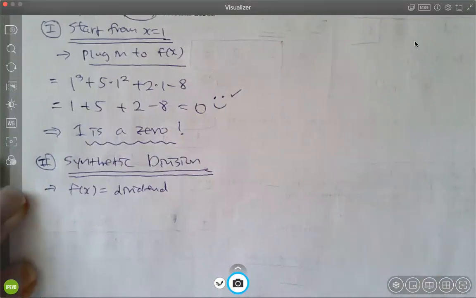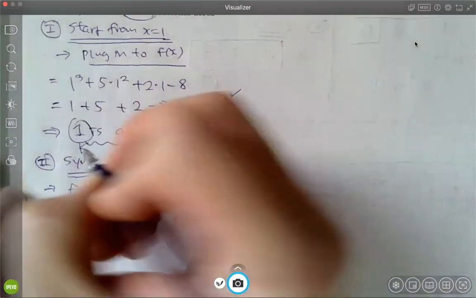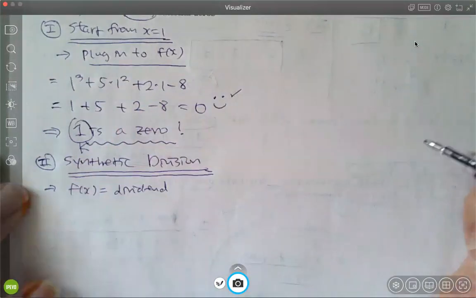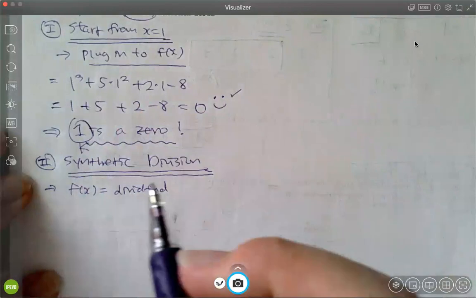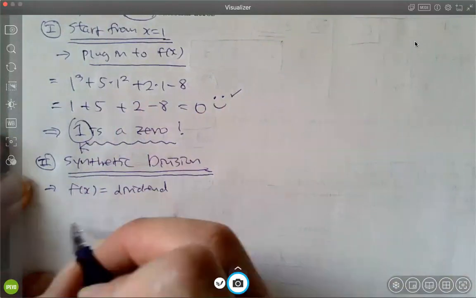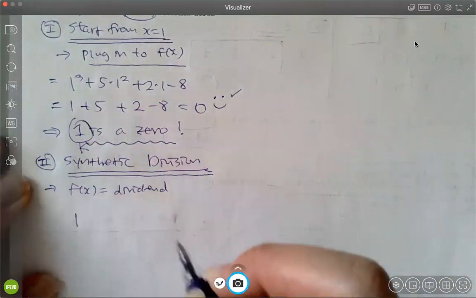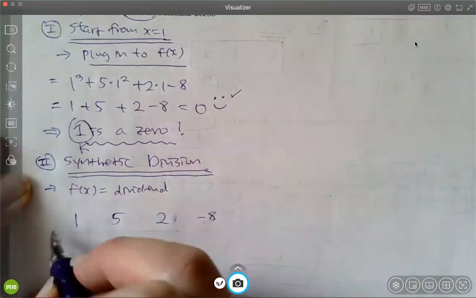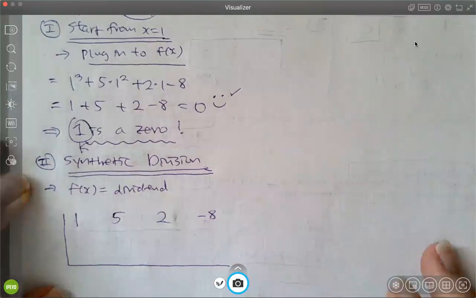Yes, that will be the k value, because it's a zero. For f of x, we take the coefficients: 1, 5, 2, and -8. And the 1 is written outside.